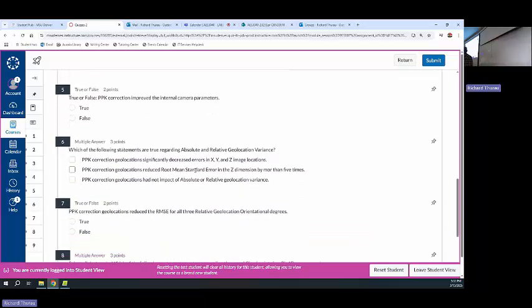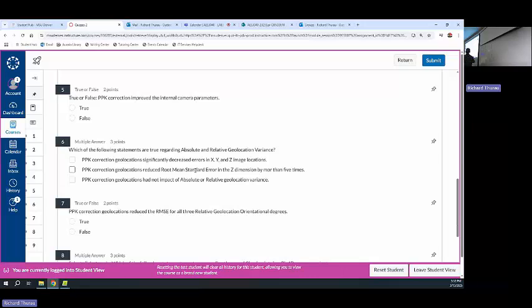All right, so number 5, true or false, PPK correction improved the internal camera parameters. I mean, intuitively, you have to know what I mean by internal camera parameters.